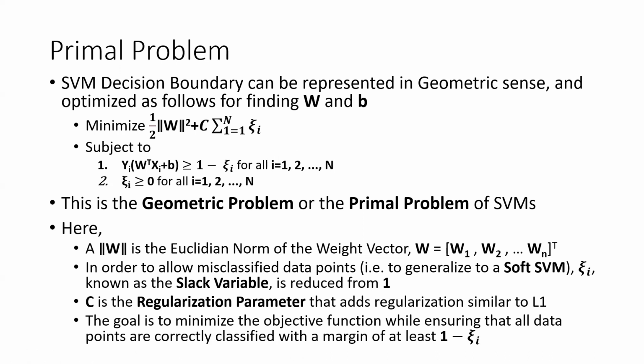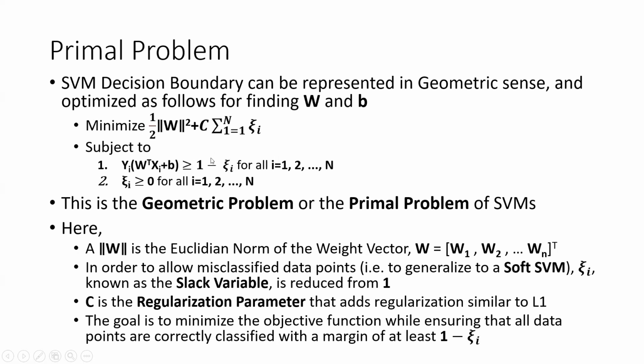The goal of this optimization problem is to minimize this objective function while ensuring that all the data points are correctly classified. But sometimes when they are not classified, we take the margin of at least 1 minus psi i. That is why we take this psi i, because in this case we can't assume that all these values are higher than 1.